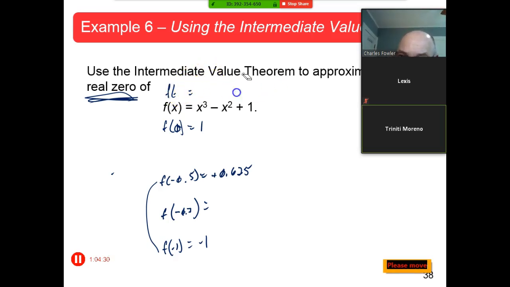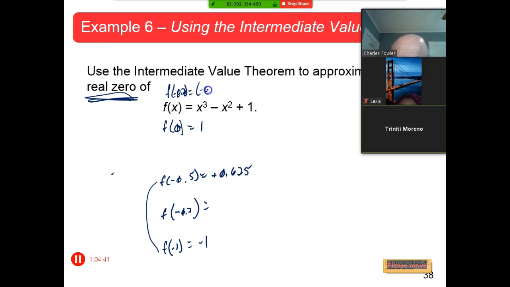And if y'all got calculators, you can just tell me the answer here, and I don't have to write everything down, but I'll write it if you want me to. Negative 0.7, that would be negative 0.7 cubed minus a negative 0.7 squared plus 1.